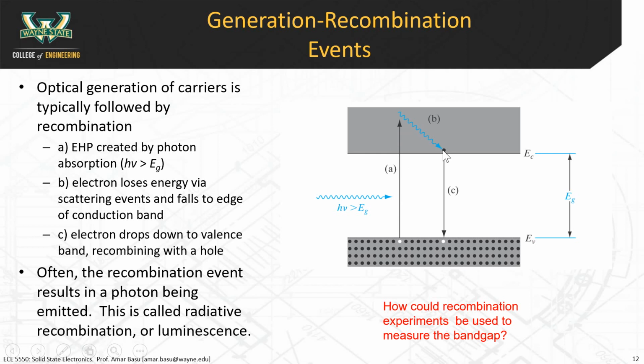In part B, the electron undergoes some scattering events. It loses some energy via scattering events and falls to the edge of the conduction band. Let's see what we mean by that. The energy band model is shown here: the electron is going from higher to lower energy states.